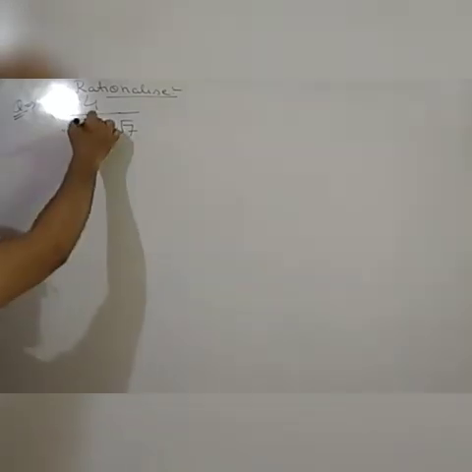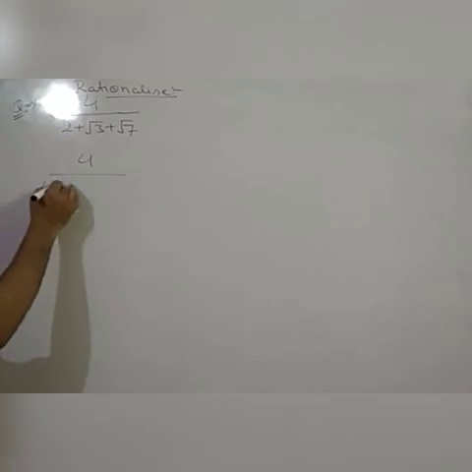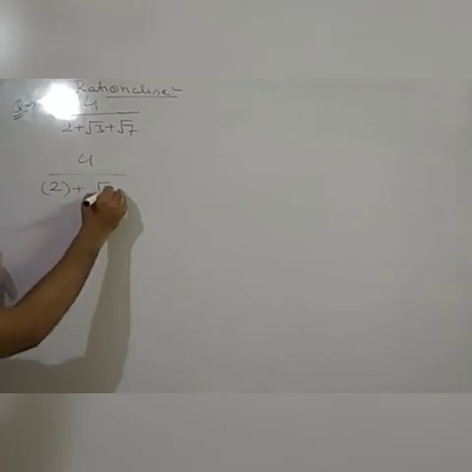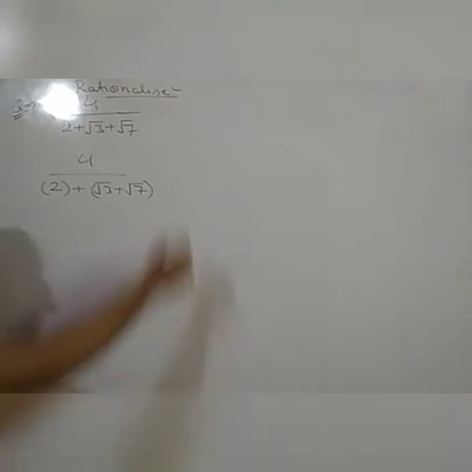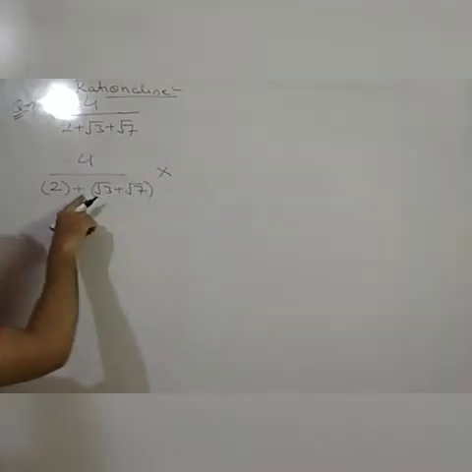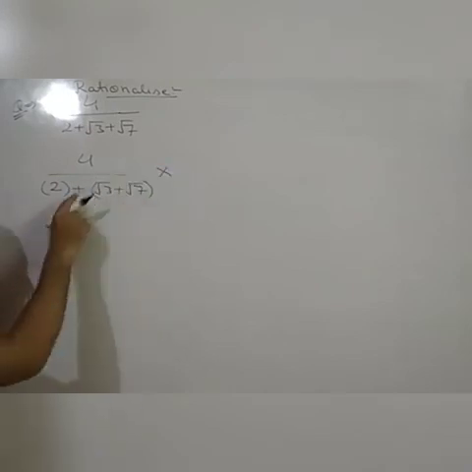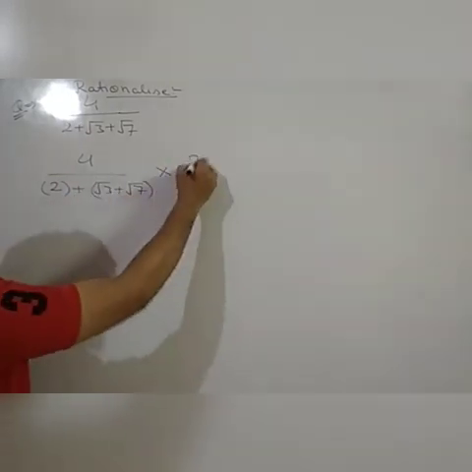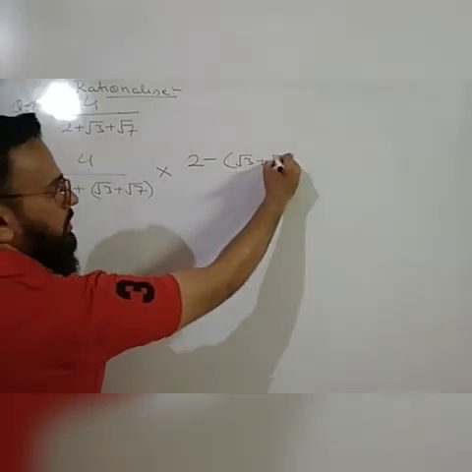I am telling you once again, what will you do? You will take one term separate, and these two terms can be taken together, that is root 3 plus root 7, and you will multiply by the rationalization factor that will be obtained by changing this sign. So this rationalization factor will be 2 minus root 3 plus root 7.